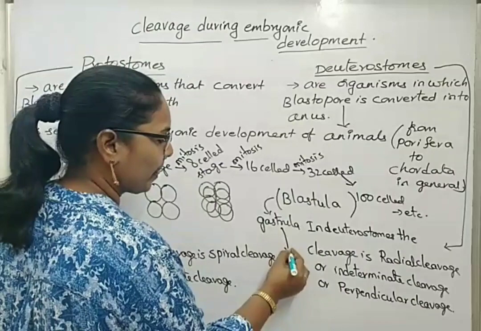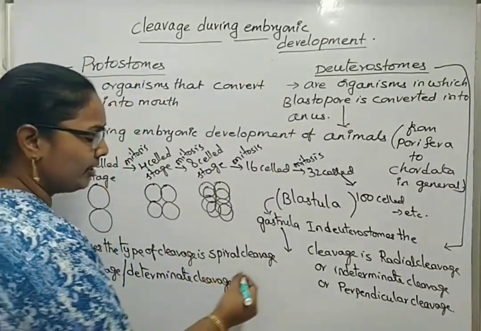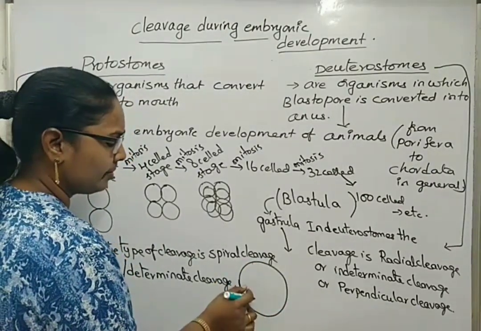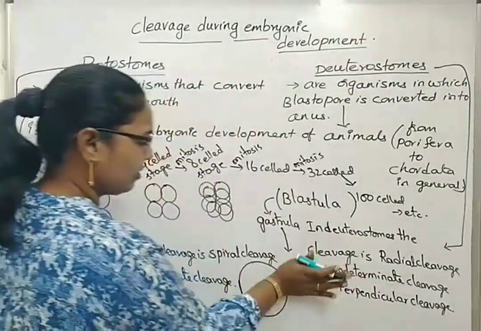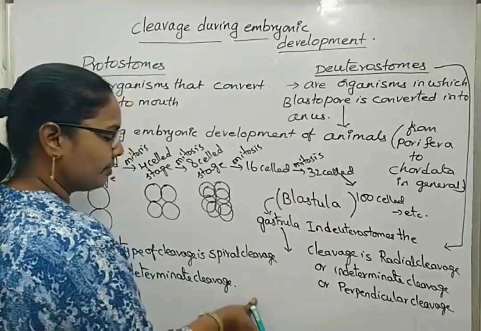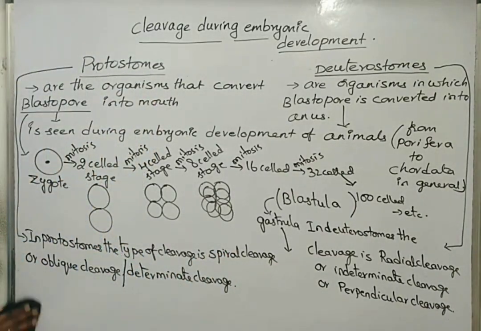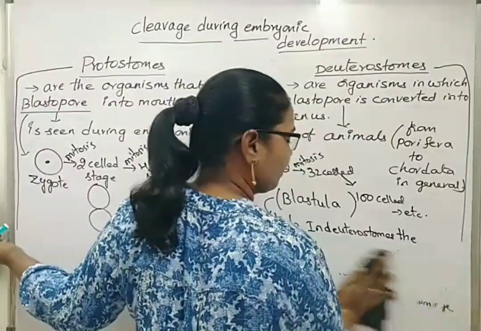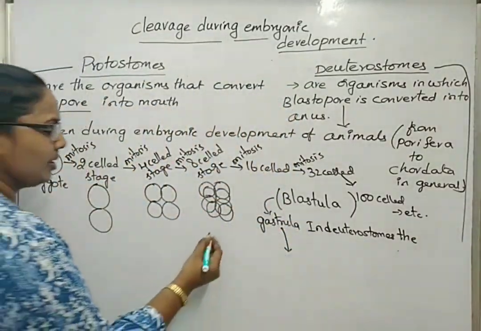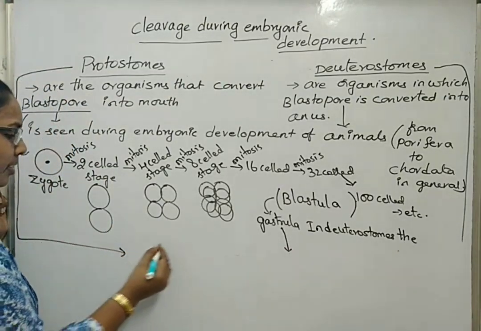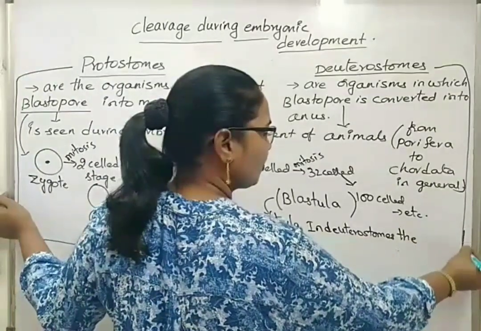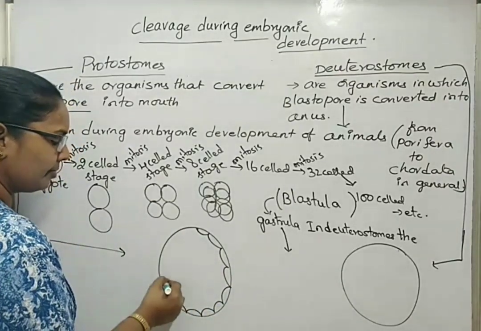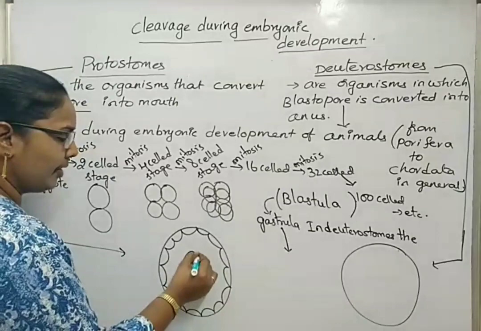That we will see. In case of protostomes, if this is the gastrula, in case of deuterostomes, if this is the gastrula stage, here will be the ectoderm and here will be the endoderm.